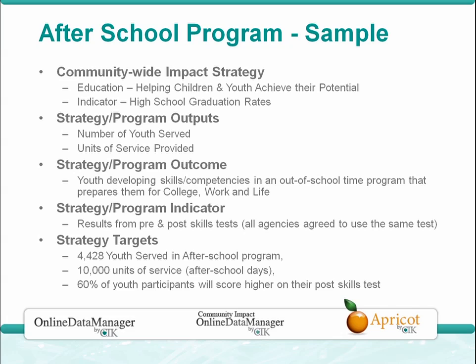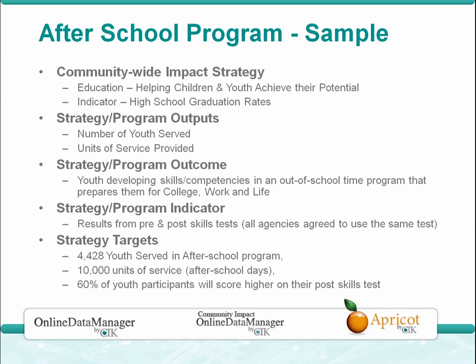So the after-school program we were doing was based on skill development, and not just a recreational program, if you will. And our indicator at both the program level and the strategy level was that we got all of the agencies we were funding for after-school programming to agree to use the same pre and post skills test.